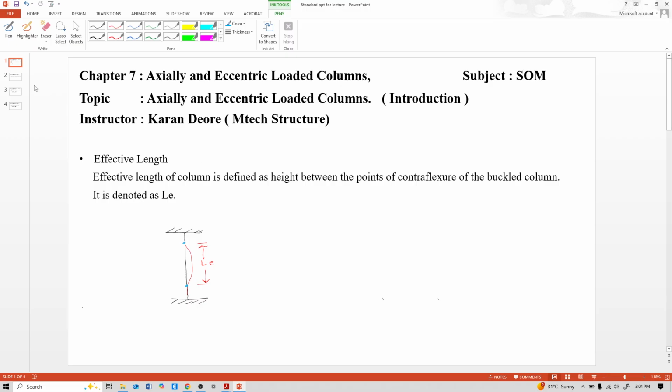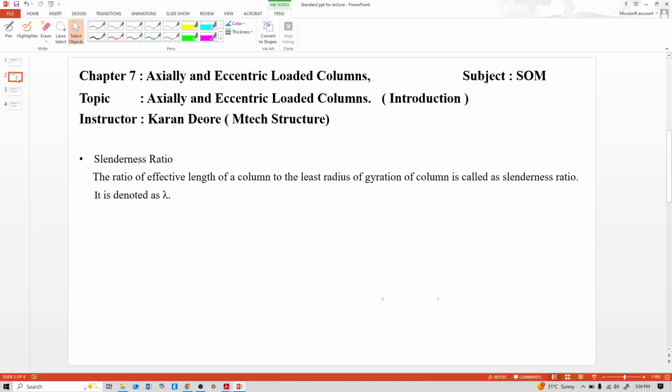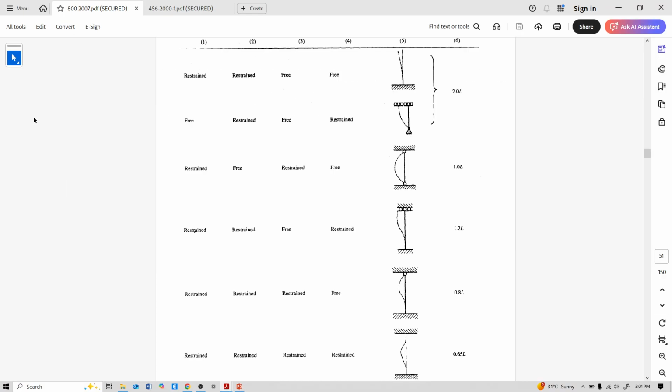So remember, this effective length is the height between the points of contraflexure of the buckled column.